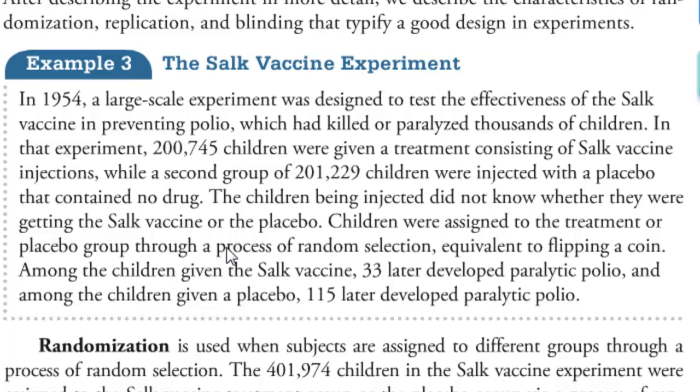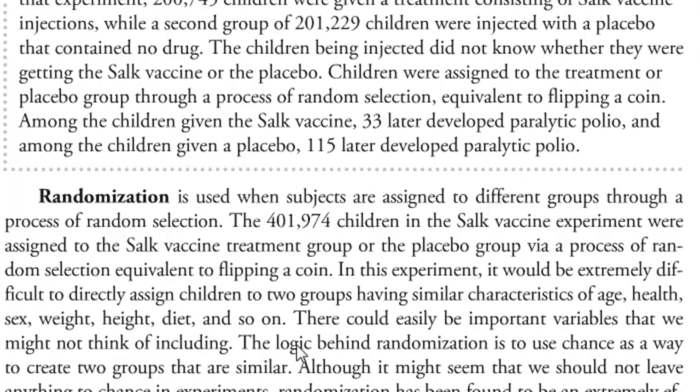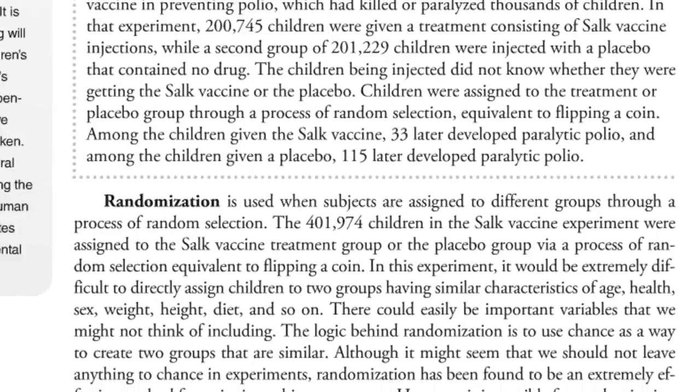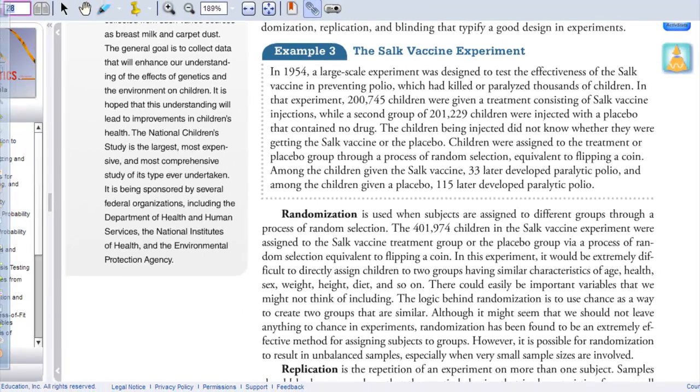Children were assigned to the treatment or placebo group through a process of random selection, equivalent to flipping a coin. Among the children given the Salk vaccine, 33 later developed paralytic polio, and among the children given a placebo, 115 later developed paralytic polio.